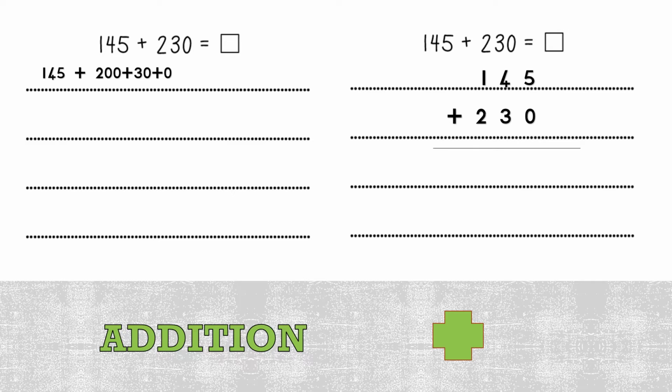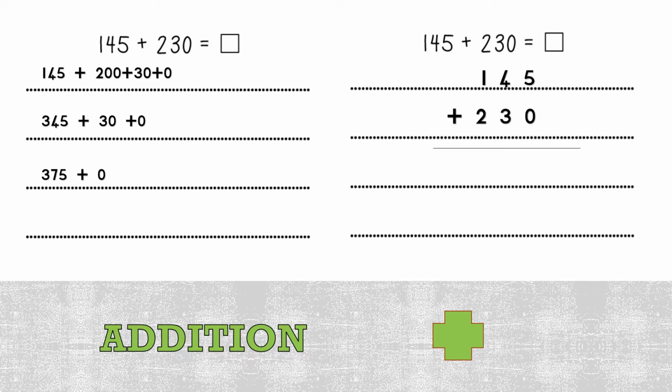Then in step 2, you must plus 145 and 200 together, and that is where we get 345. But then we cannot leave our two friends at the back. We must remember to take them along. So we say 345 plus 30 plus 0. Now again we plus 345 plus 30.